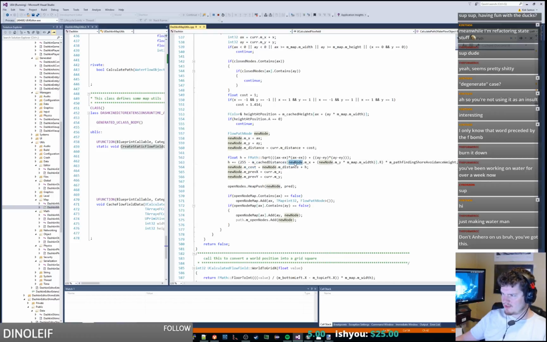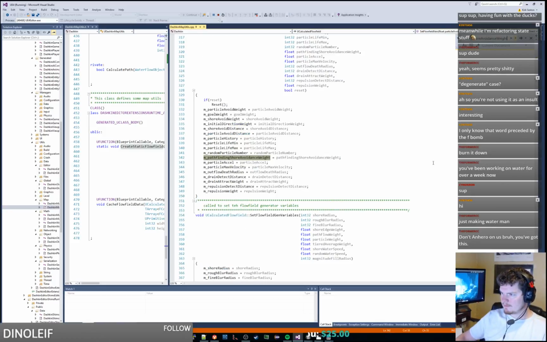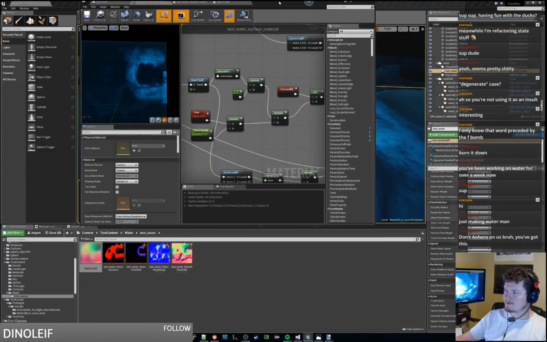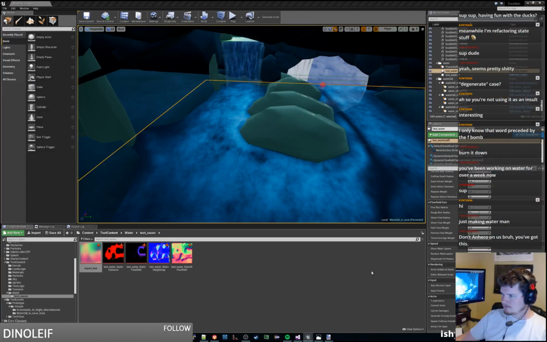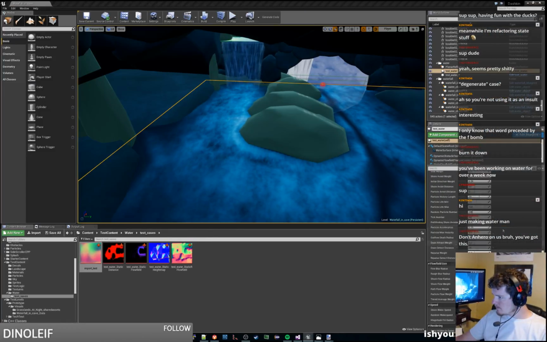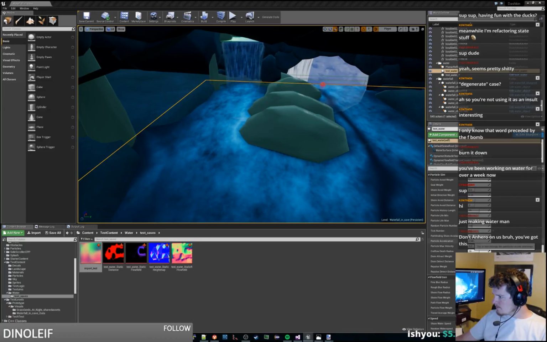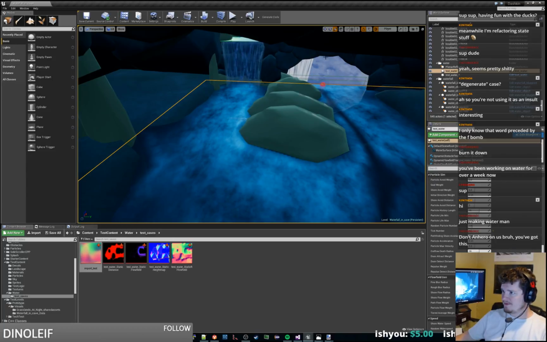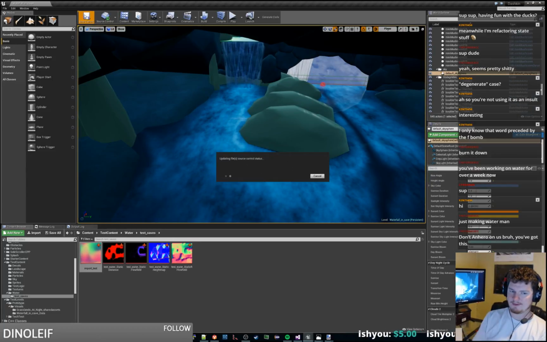We're doing the cache distances. So that's going to be pathfinding shore avoidance weight. Let's give it a much higher weight and we'll see how it goes.